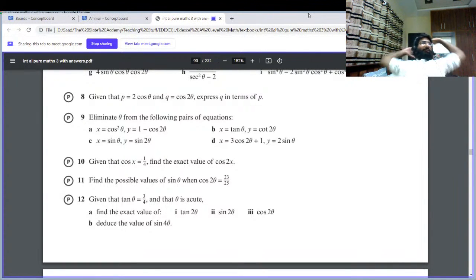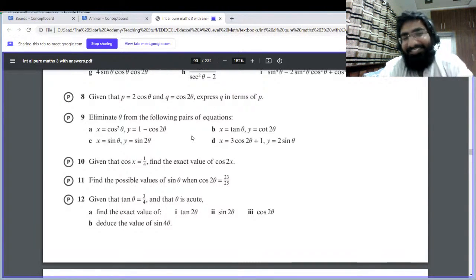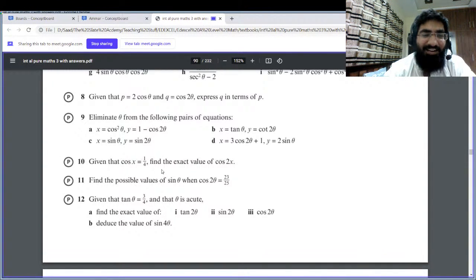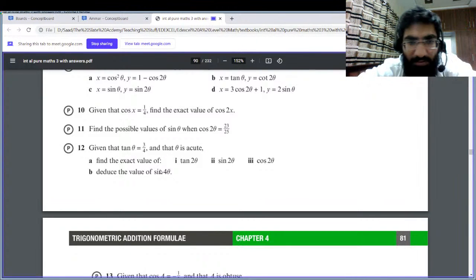We didn't have any of these formula booklets. I never used the formula booklet till now in my life. This is the first time I thought I would get the chance to use it. They're basically teasing me, but they're not giving it to me.